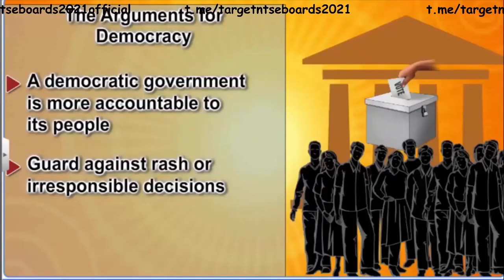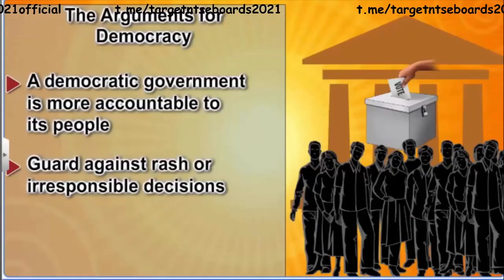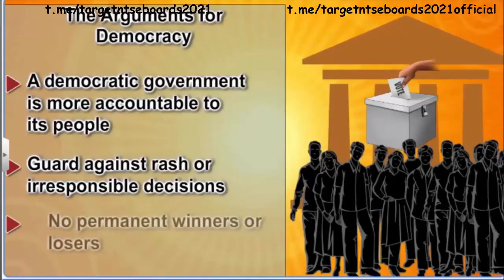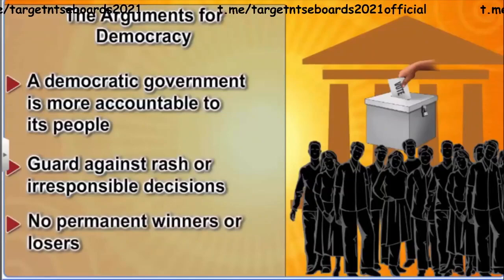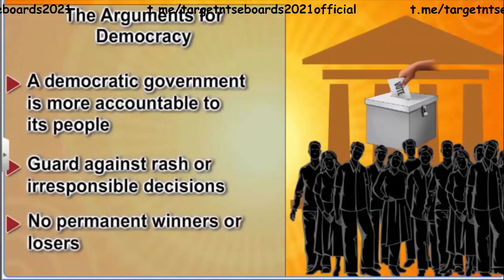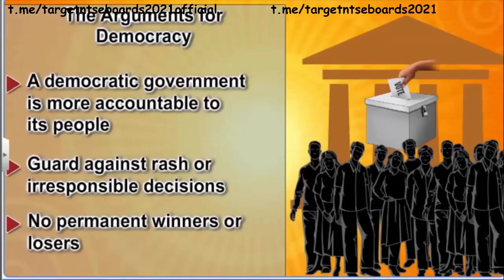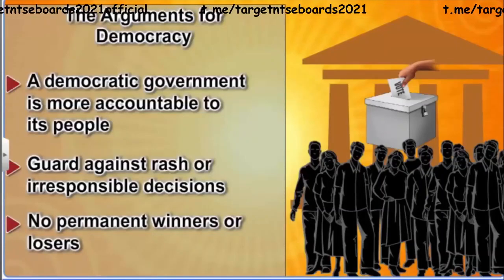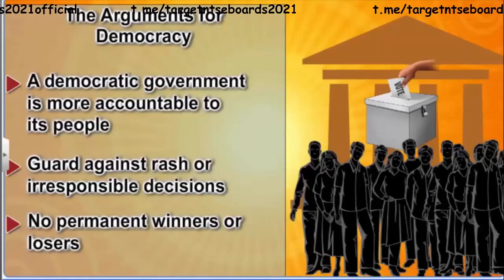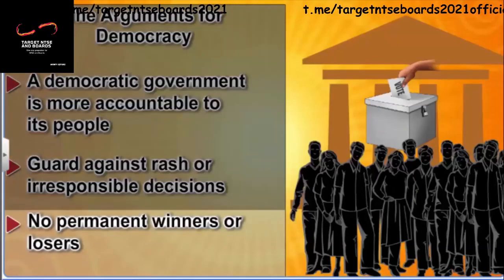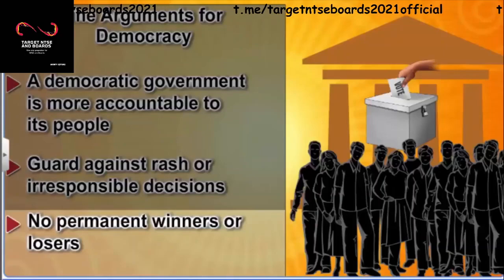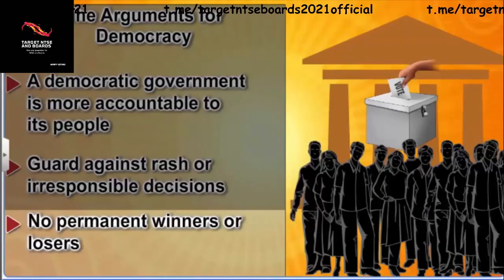However, in a democracy, no one can be regarded as a winner or loser permanently. Therefore, democracy enables people to deal with differences and conflicts in a peaceful manner. This was the sum of the arguments about the effects of democracy on the quality of government and social life.